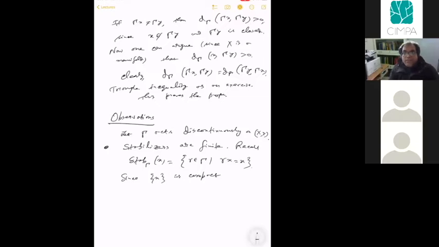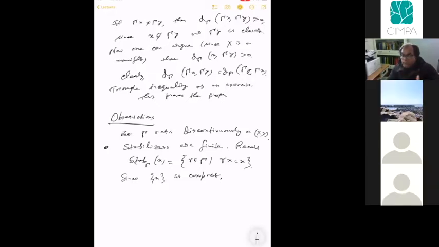Since X is compact, by proper discontinuity, the stabilizer of x is finite.